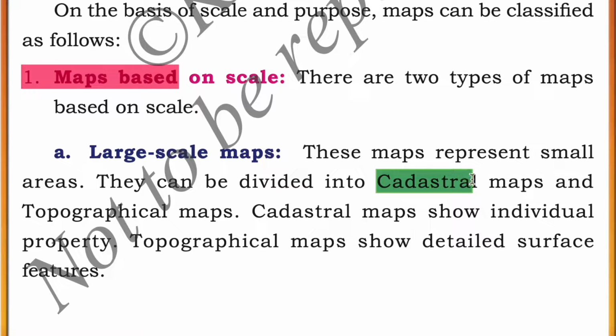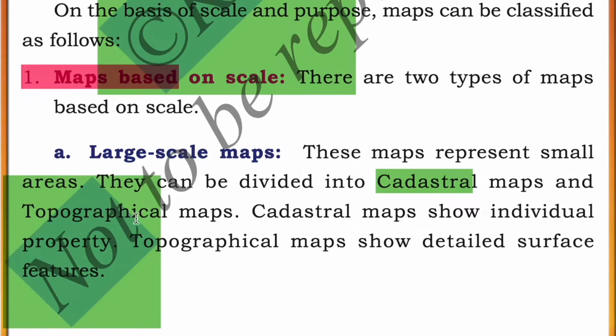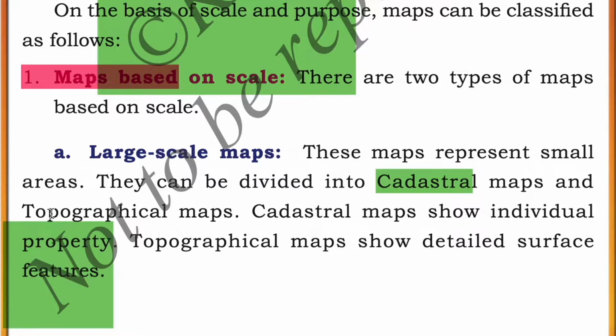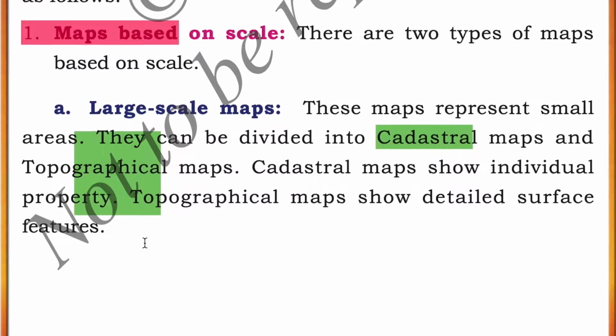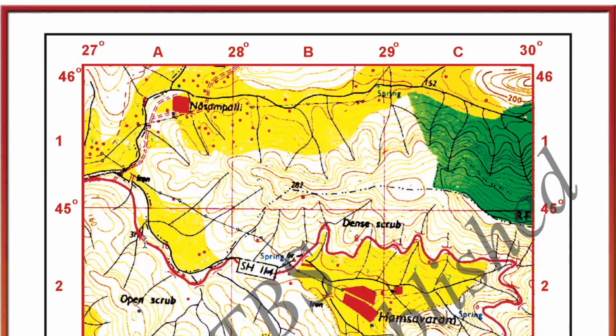Those are the cadastral maps and the topographical maps. So the cadastral maps are the ones that show individual property, whereas the topographical maps that we can see over here show detailed surface features. Now let's look into them in more detail.